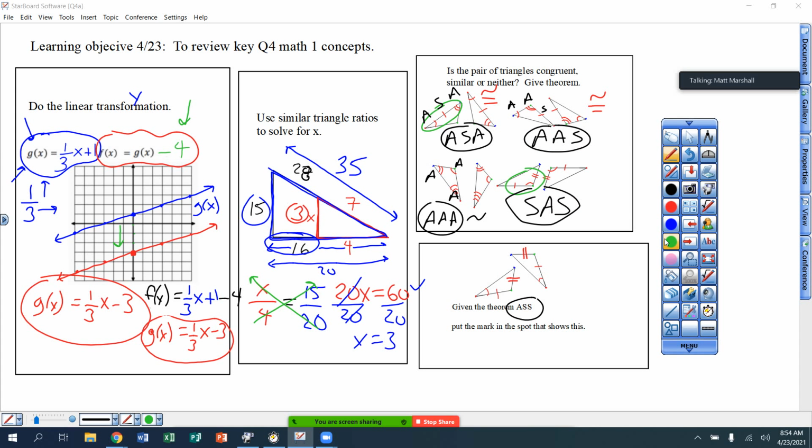I got that by either graphing the first one in blue and then moving it down the y-axis 4 boxes because it's telling me to, and then using my eyeball to get that new y-intercept. My eyeball looks and sees that that y-intercept is -3 right there, Elizabeth. Or the real algebraic way is to realize that if g of x equals 1/3 x plus 1, I can take that piece and plug it into this g of x spot right here.